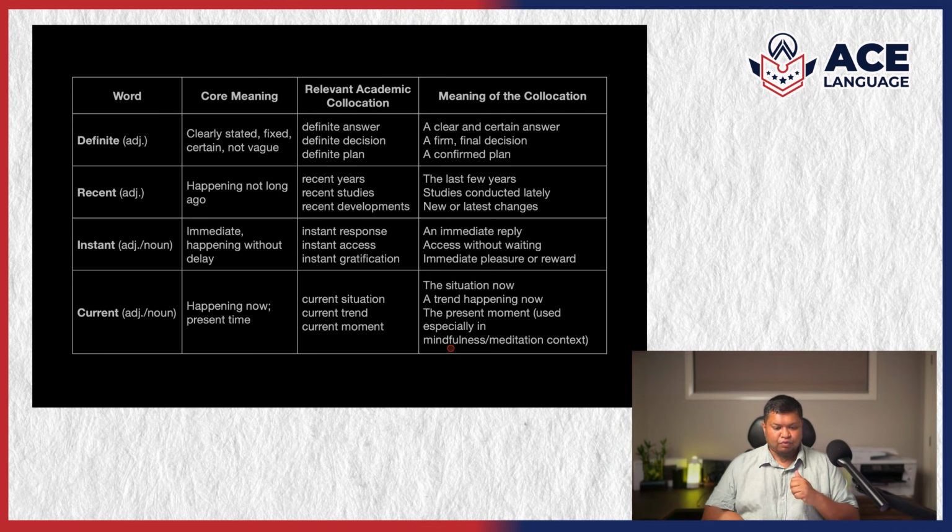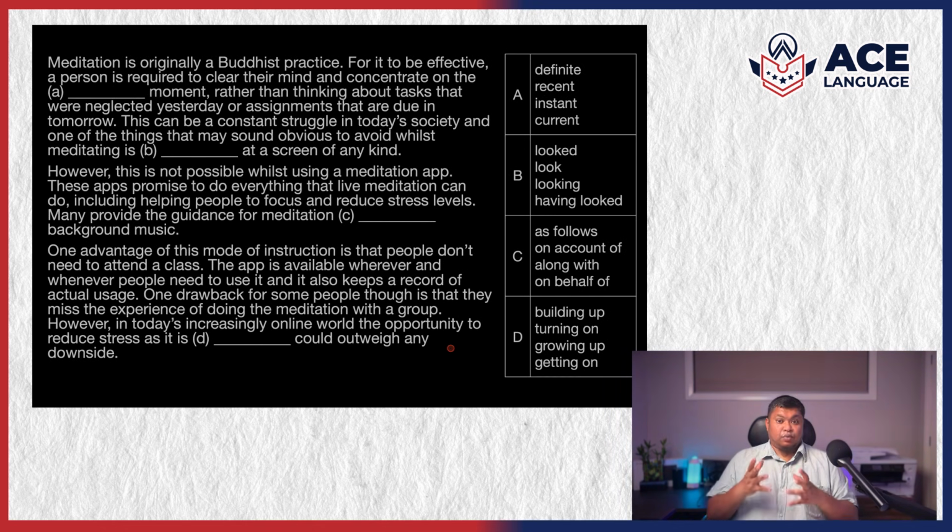Now let's jump into answering this question. When I do that, I'll first read the first sentence because that always gives me the main story, right? Meditation is originally a Buddhist practice. I understand it's about meditation. For it to be effective, a person is required to clear their mind and concentrate on the dash moment rather than thinking about the tasks that were neglected yesterday or assignments that are due in tomorrow.